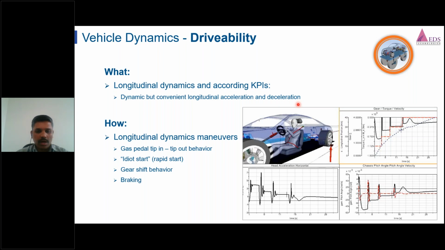That is an extremely harsh simulation scenario. When you do that on your car, you are going to excite everything that can vibrate, so you need a very robust solver to solve that. Then next you can investigate the gear shift behavior, or also braking behavior of the vehicle.